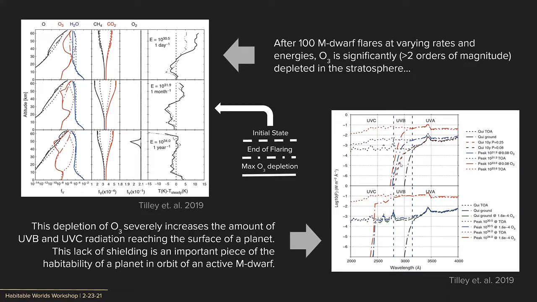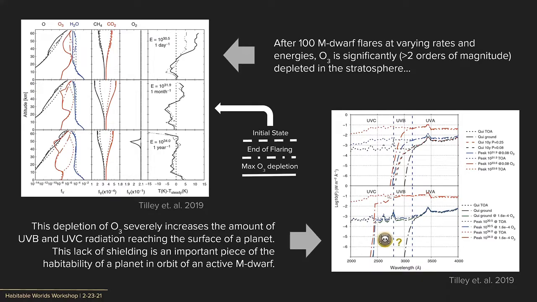Tilley 2019 also showed that at the maximum amount of ozone depletion in the atmosphere, the amount of UVC and UVB radiation that's reaching the surface of these planets can increase pretty drastically.